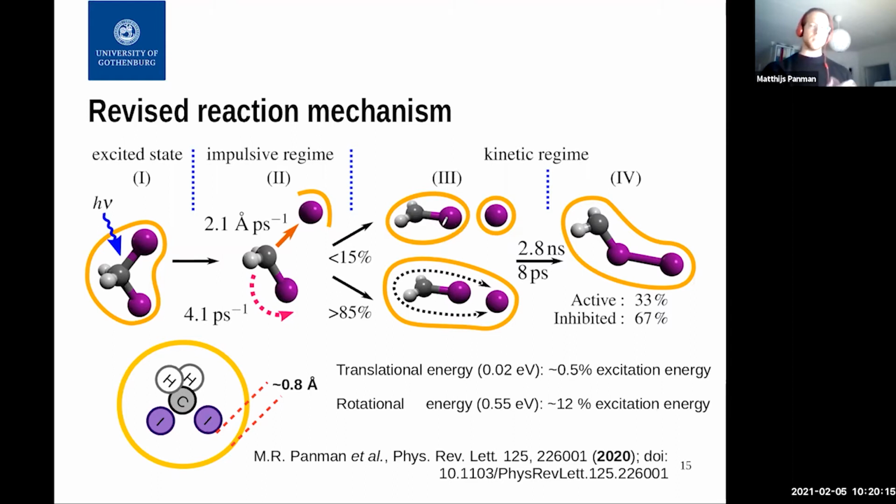From the velocity and the angular velocity of the fragments, we can calculate the energy partitioning between the translational and rotational energy of the reaction. The translational energy is surprisingly low compared to gas phase experiments. This is about 26%, I believe, of the gas phase experiment.